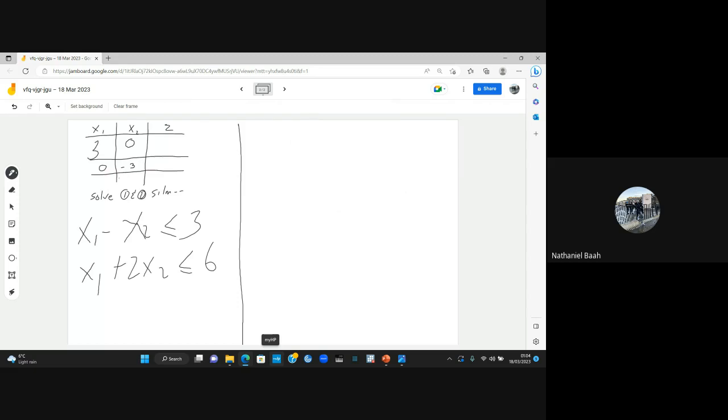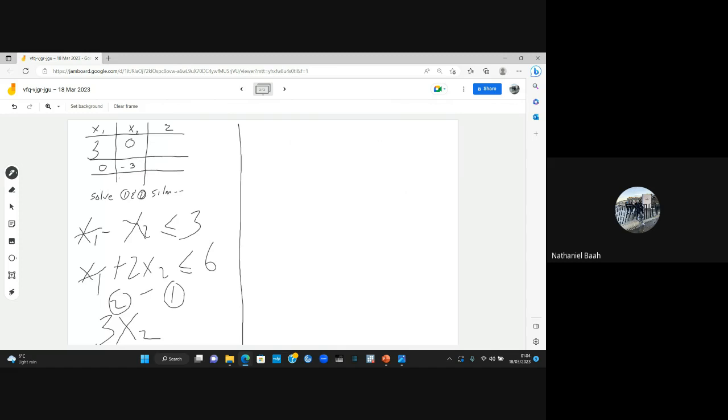So equation 2 minus equation 1. Then we are going to get this will cancel out. So we are going to get 2x2 minus x3. So that will be positive. So we are going to get 3x2.